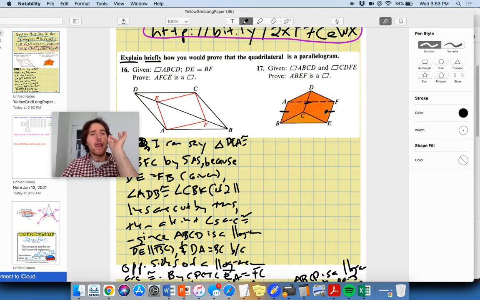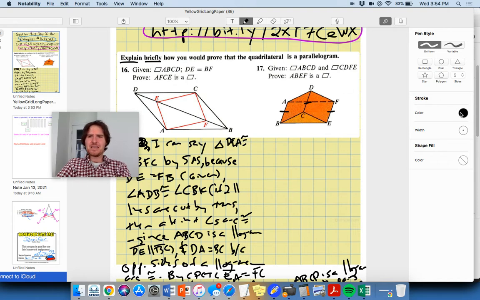So that's good. Now I have one pair of opposite sides congruent to one another. But do I have both pairs of opposite sides congruent to one another? Can I get both? Well, I can't really, right? I can get these are congruent to one another. I can get those are congruent to one another.